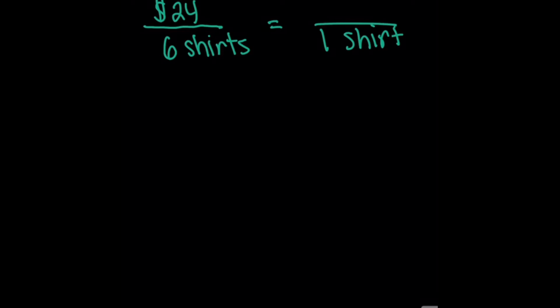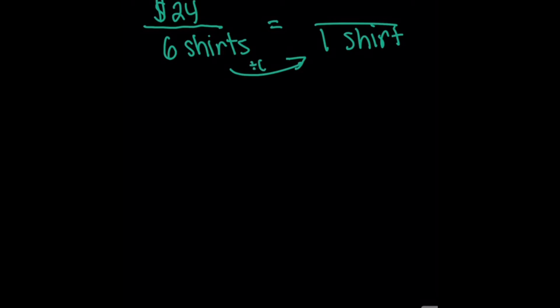Now I have to find how much one shirt costs, because I know every 6 shirts cost $24. If it's the same cost for each, I must figure out what number to divide by to get the 6 to 1.